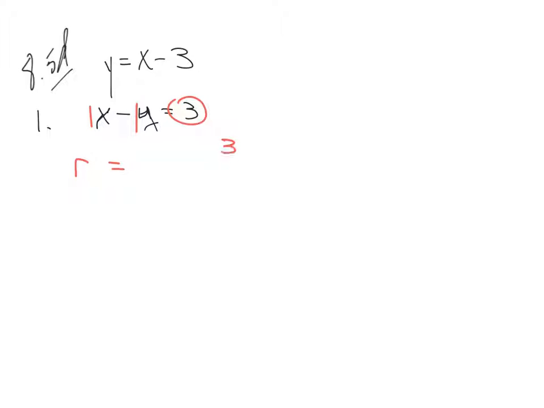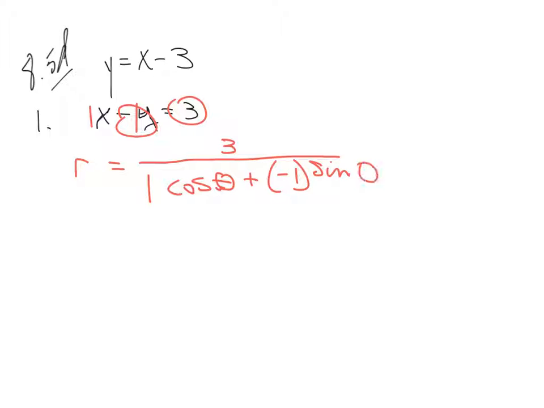Alright, r equals c. c is my 3, and I've got a 1 in front of my x, so that's my a, and that's cosine of theta. Then we've got plus a -1 because of this right there, sine of theta. That reduces to r equals 3 over cosine of theta minus sine of theta.